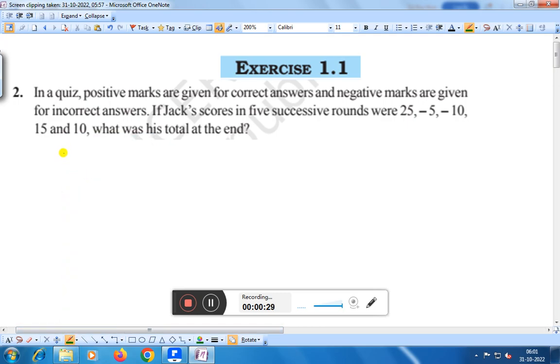It is given that for correct answers, positive marks are given.